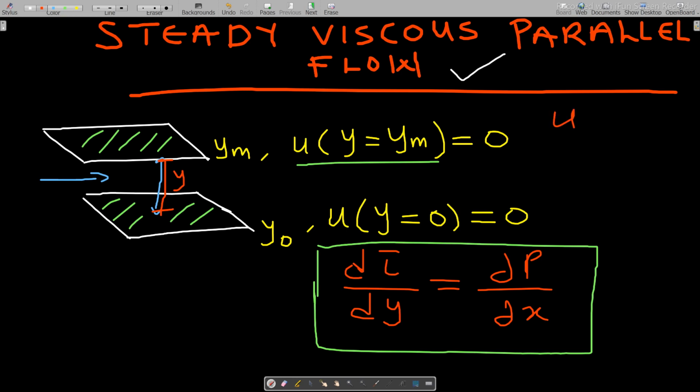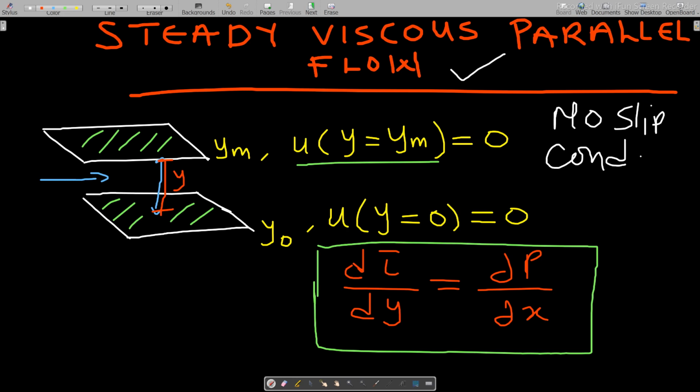Let me write it well for you. The no slip condition, and the no slip condition at the part where we have the maximum height of y.